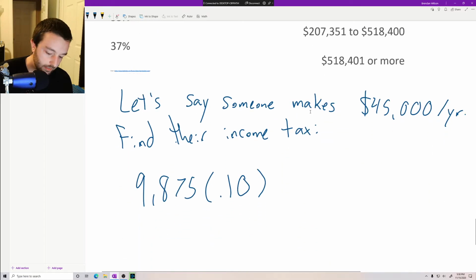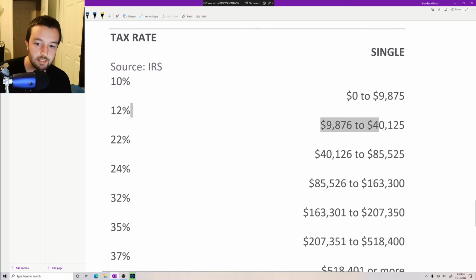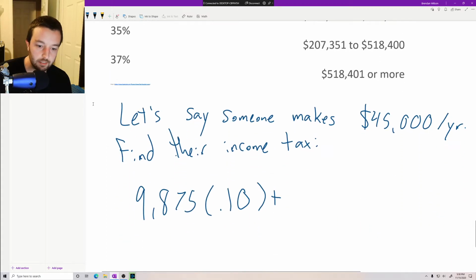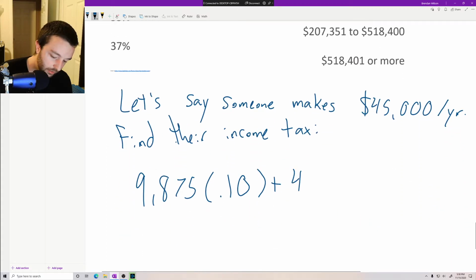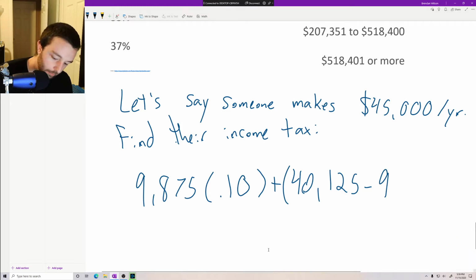Then the next, all the money between 9,876 and 40,125 are taxed at 12%. So how much money is that going to be? Well, it's going to be the 40,125. We'll put this in parentheses, minus 9,875.